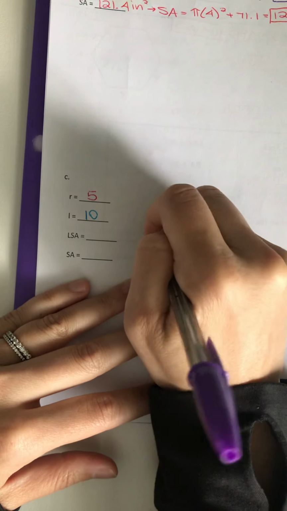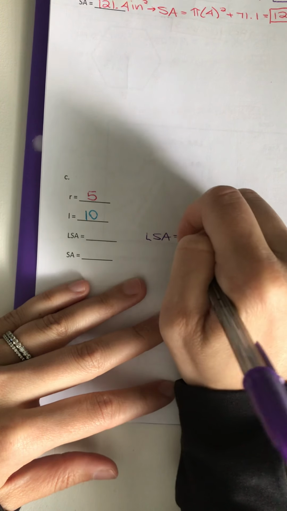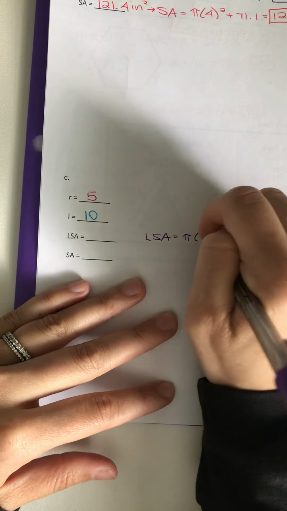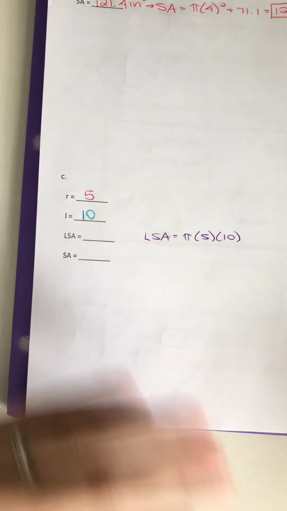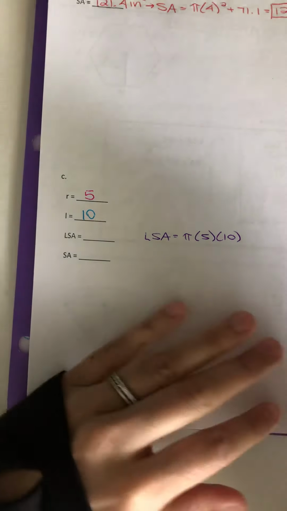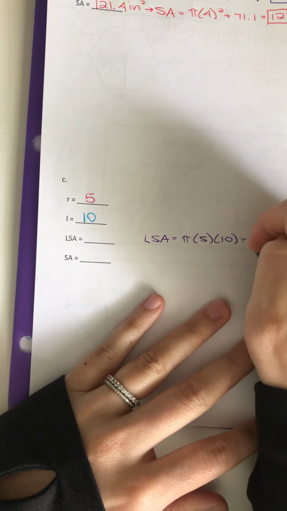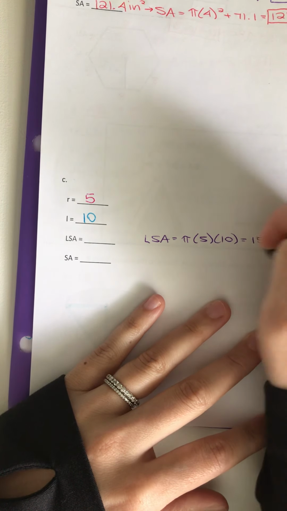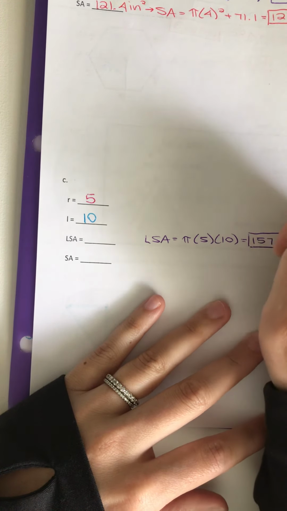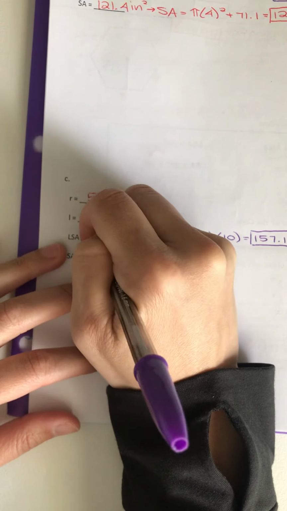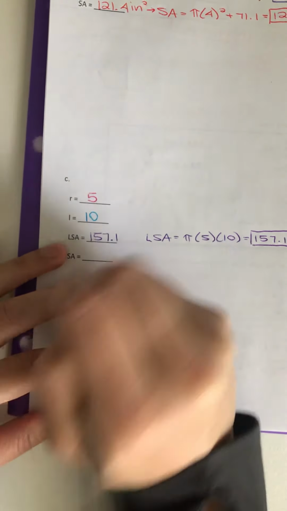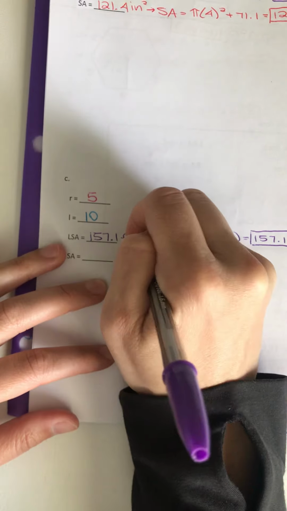So my lateral surface area is pi r L. Pi times 50 is 157.1. It's feet squared.